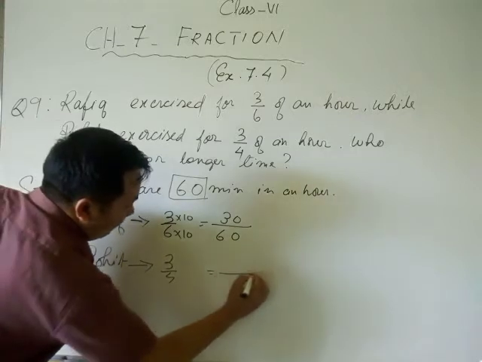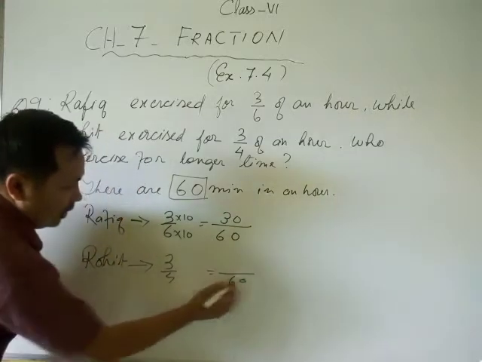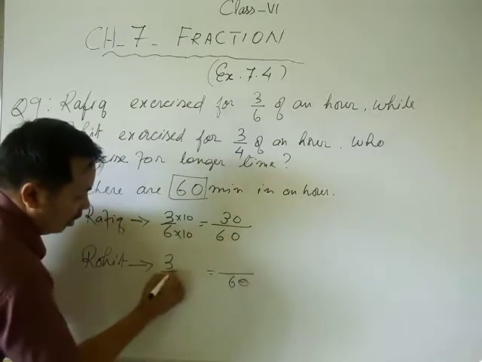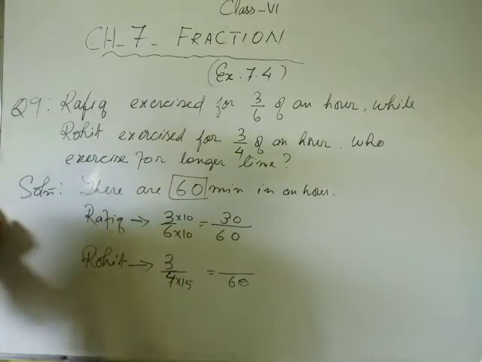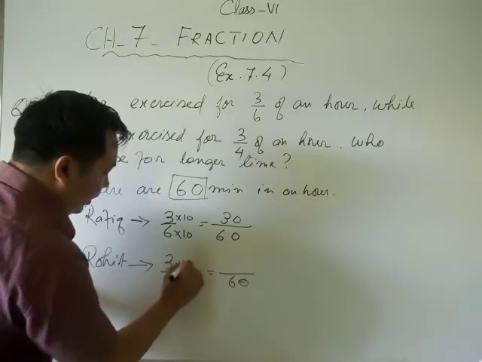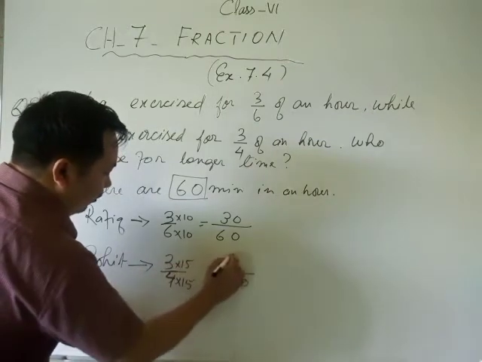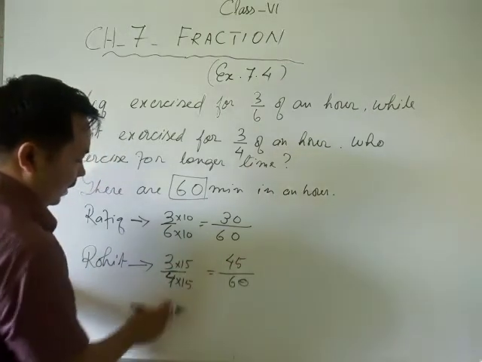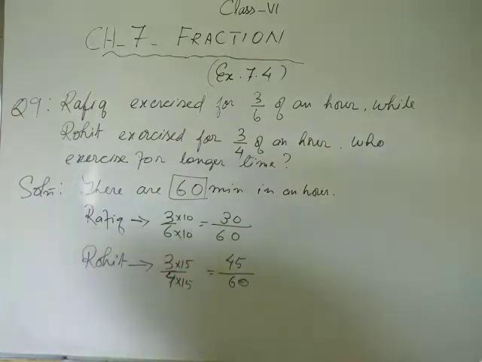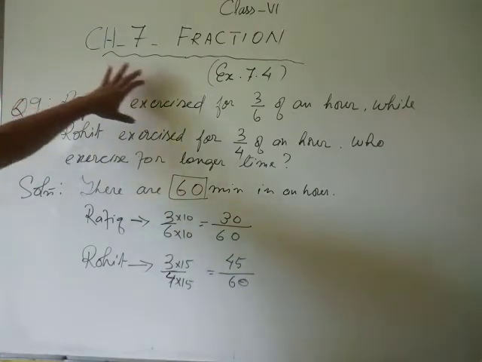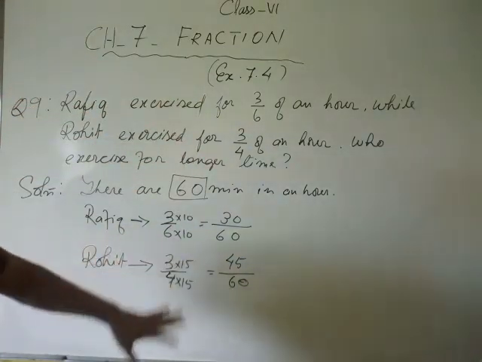It must become a fraction with denominator 60. So how much do we multiply here? 15 you multiply, isn't it? Into 15 here. So how much do we get here? Here we will get 45 minutes. That means 30 minutes, 45 minutes. Okay, clear. So Rafiq exercised for 30 minutes and Rohit exercised for 45 minutes.